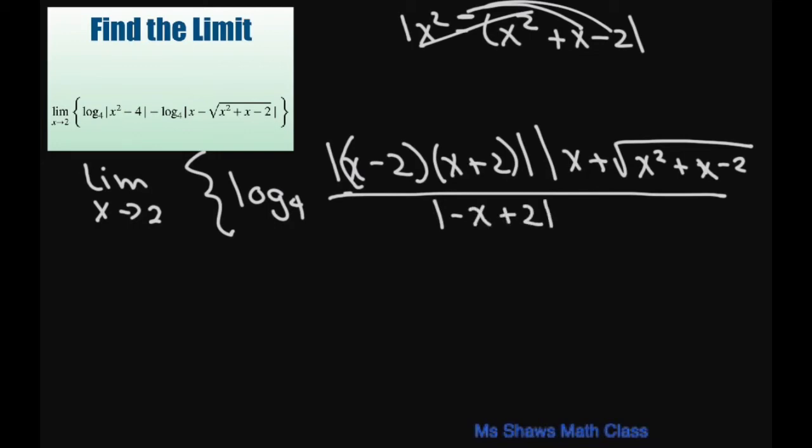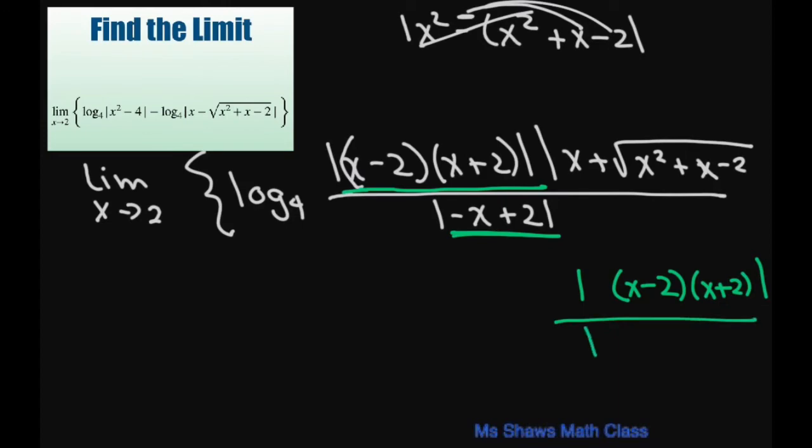Now before we continue on, I want to show you something with this piece right here. If I take absolute value of x minus 2 times x plus 2 and divide it by absolute value of negative x plus 2, what I can do is multiply both of these by negative 1.